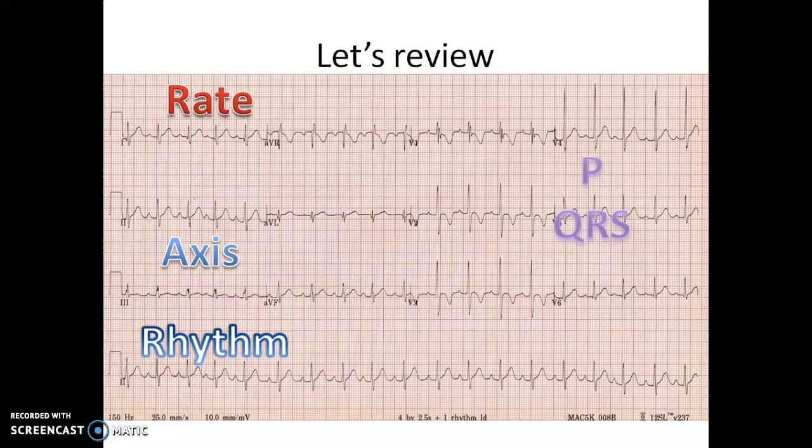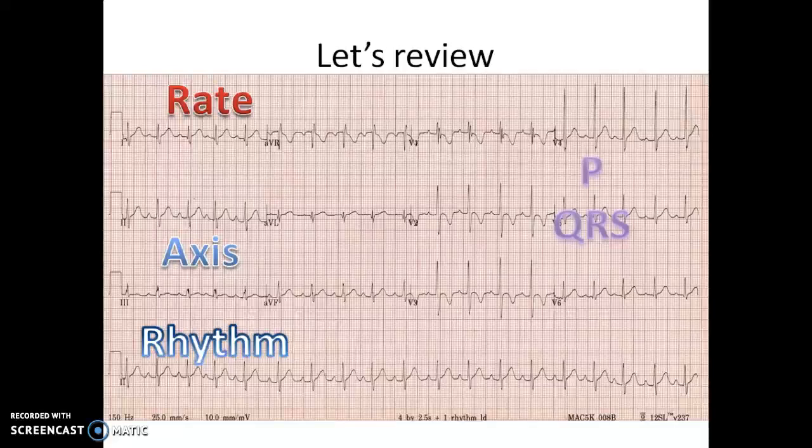QRS. Remember the heart muscle is small, the heart is small, so the QRS, which is the ventricular depolarization, would be narrower and of a lower voltage, although to some degree that is compensated by the thin chest wall. So remember that the QRS is not the same as in an adult, so you'll get very narrow QRS.